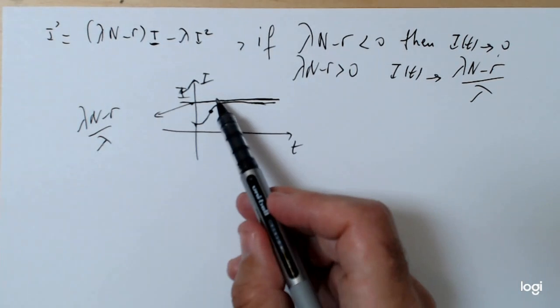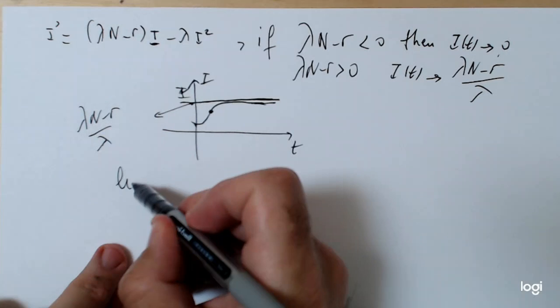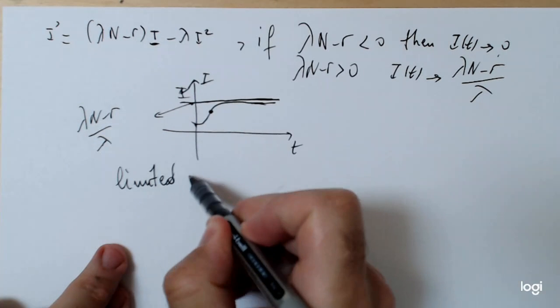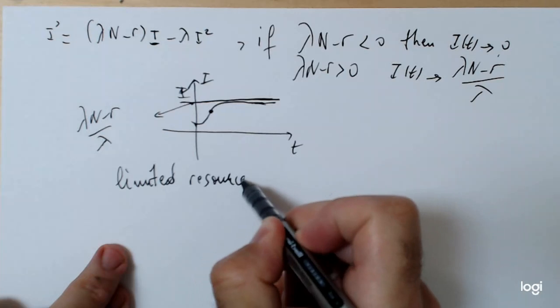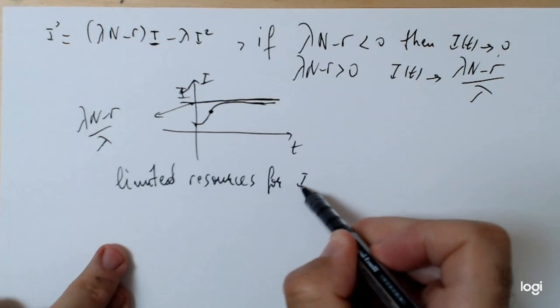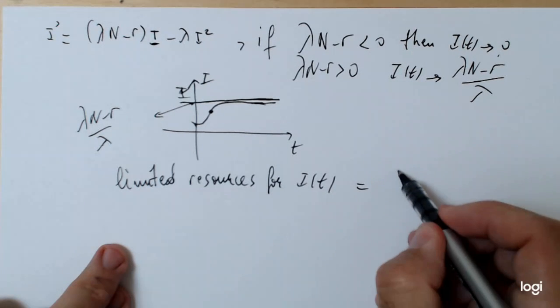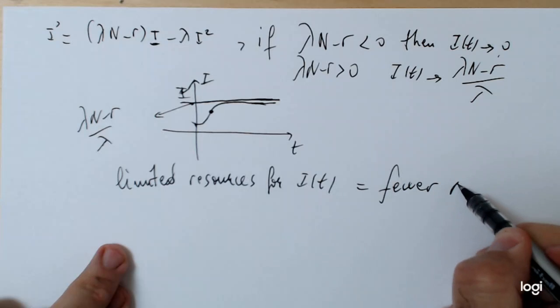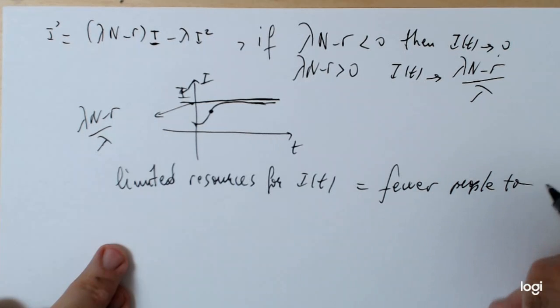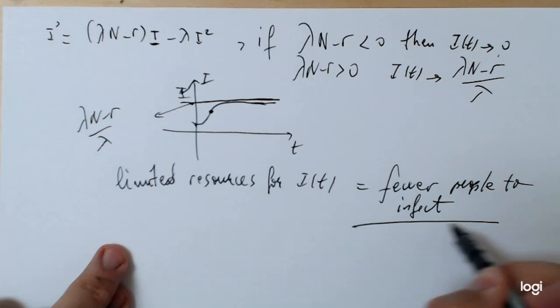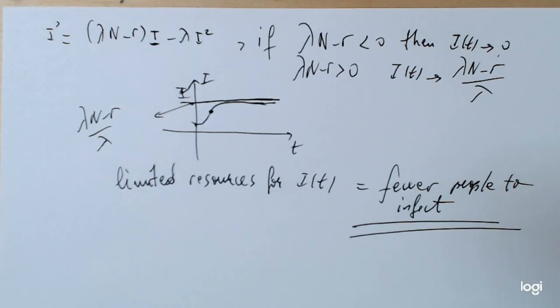Well, in the context of an infectious disease, limited resources for I of t means fewer people to infect. So for the epidemic to grow, you need to have enough people to infect.